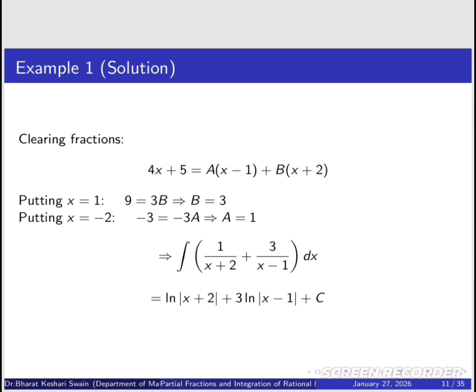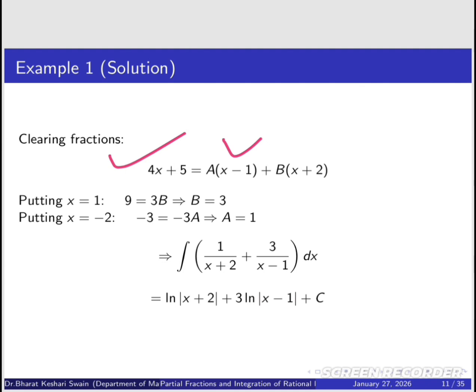from 4x plus 5, we can compare the like powers of x or put suitable values of x. Whatever is easy for you, you can do. So if I put x equal to 1 here, the A term will be 0.